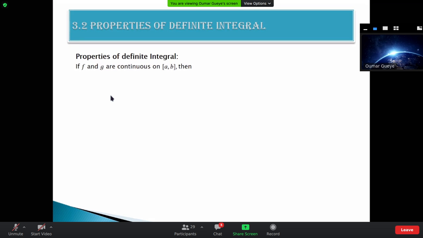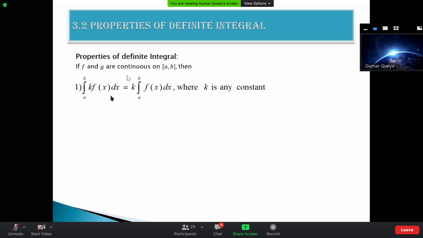All right, so next I'm going to give you some properties of the definite integral. Suppose we have two functions and both of them are continuous, and based on what theorem 4 says, it means these two functions are integrable on the interval [a, b].